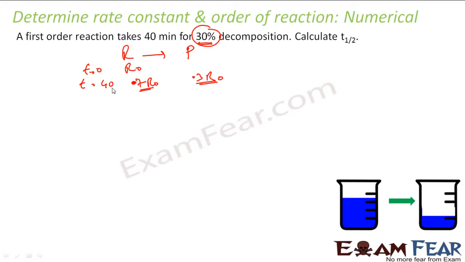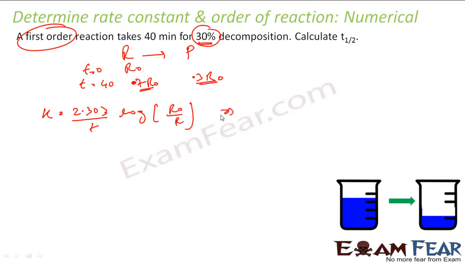And for this it took 40 minutes. I can find the value of K. The golden formula, this is the first order equation: K is equal to 2.303 by T log of R0 by R. T is 40 minutes, please note it's 40 minutes.